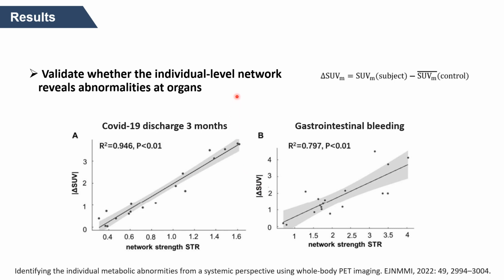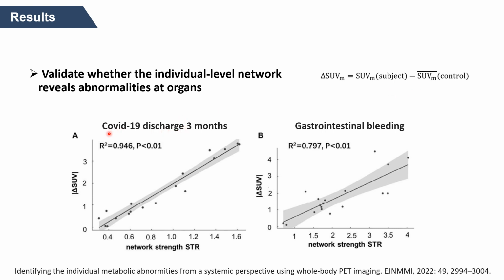The third thing: we validate whether this method has a similar quantification effect as the conventional SUV. Here, the change of the SUV was quantified as the level of deviation.